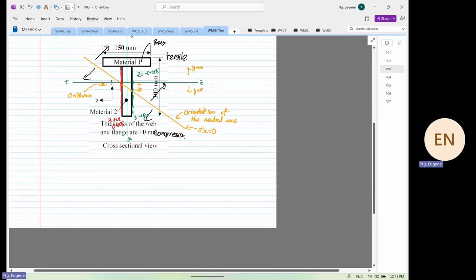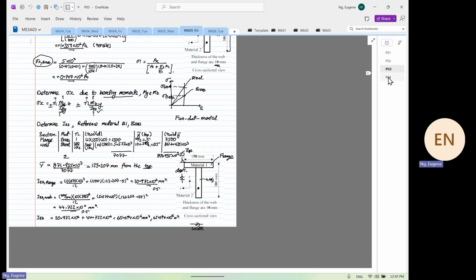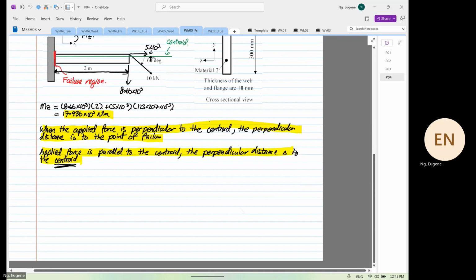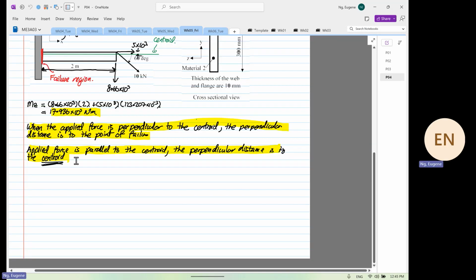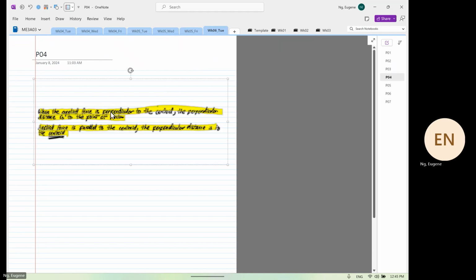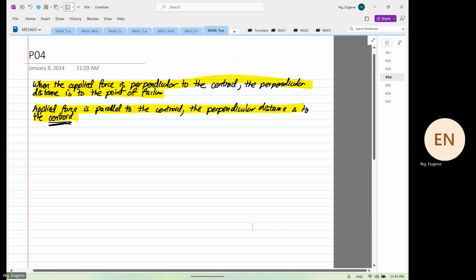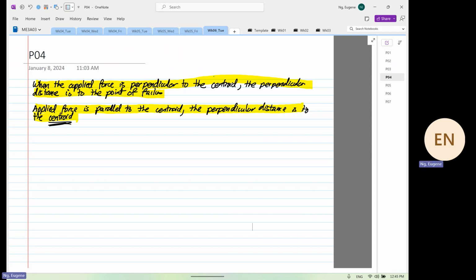The next part, I want you to practice this theory over here. Okay, I'm going to copy and paste. It states when the applied force is perpendicular to the centroid, the perpendicular distance is to the point of failure.